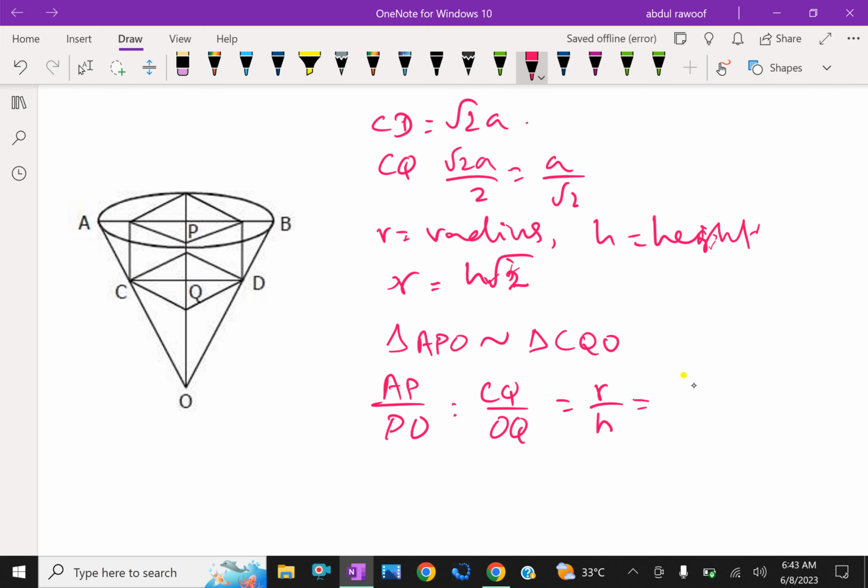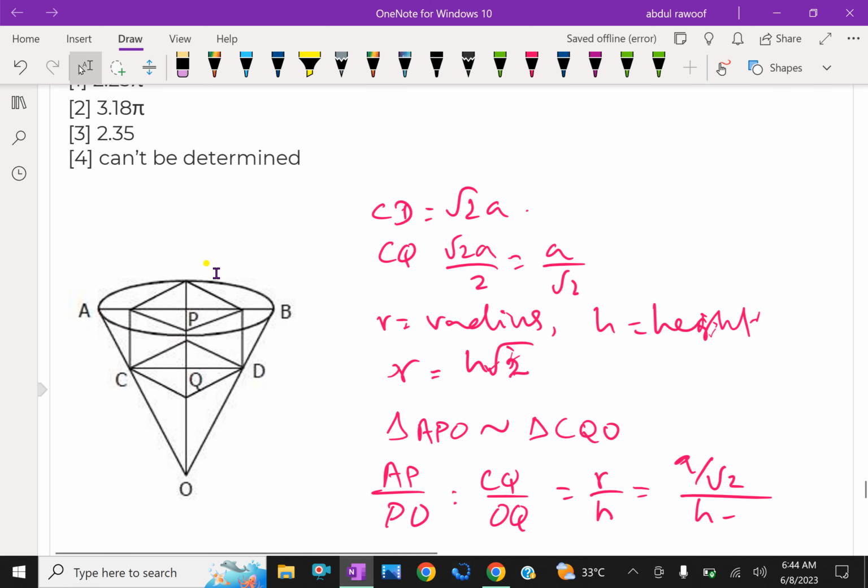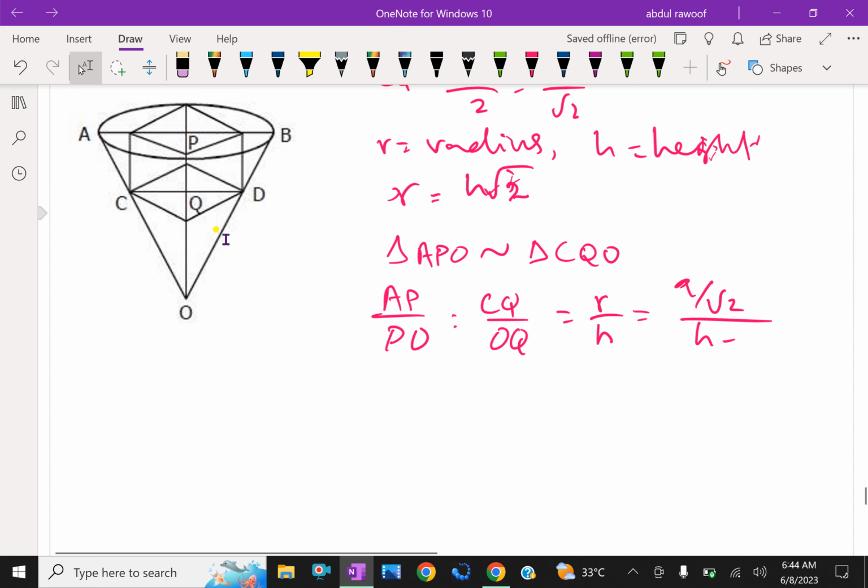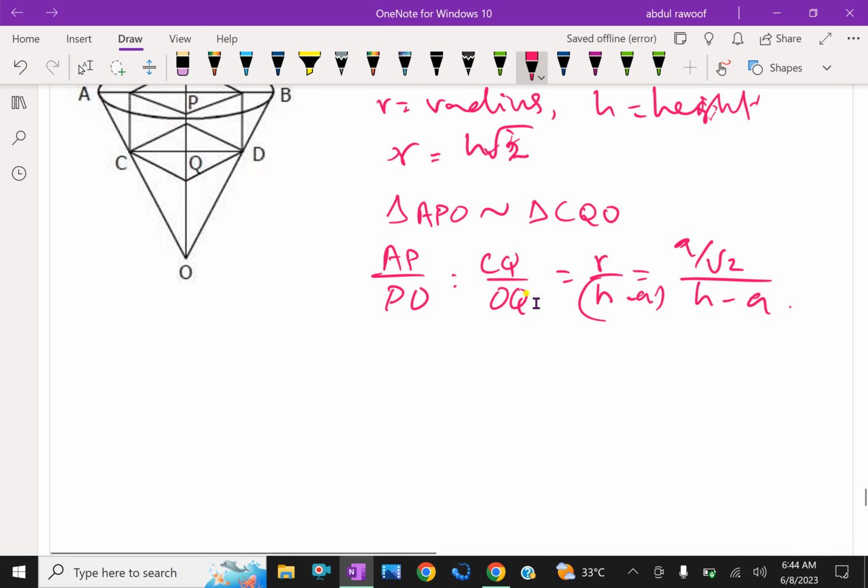So AP by PO equal to a by root 2 over H minus a.